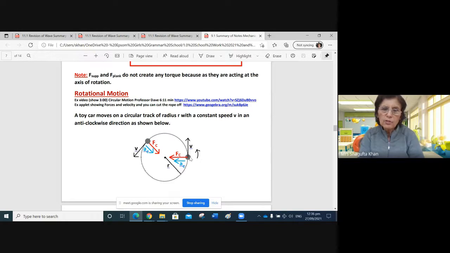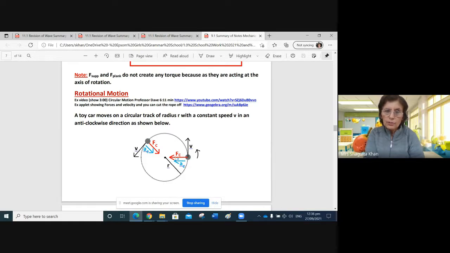And if velocity is changing, that means there is an acceleration. And if there's an acceleration, there must be a force. And force and acceleration are always in the same direction. So what is providing this force is the friction on the track, if this is a toy car. If it's a rock or something at the end of a string, then it will be the tension force.